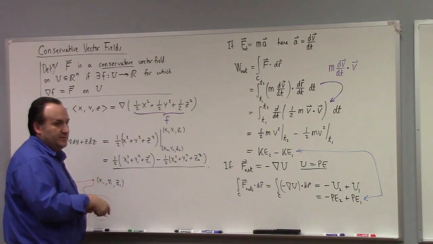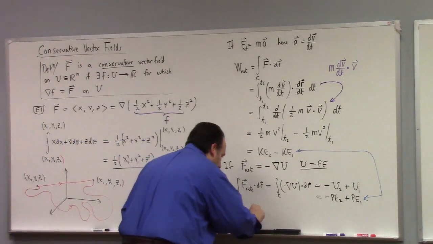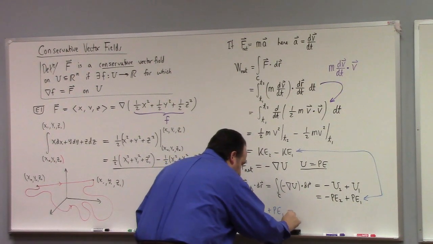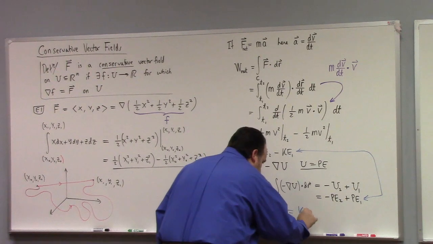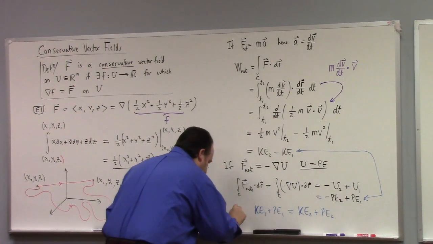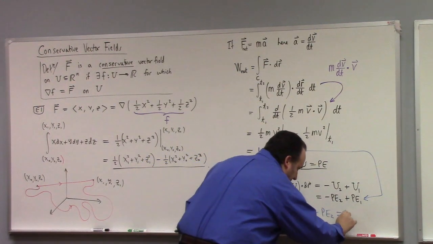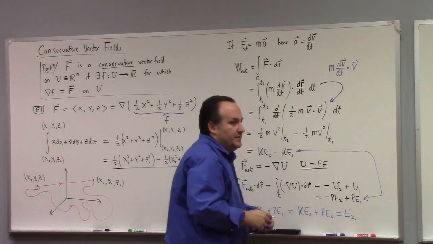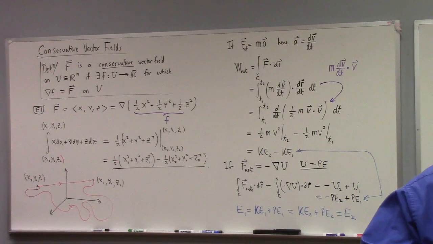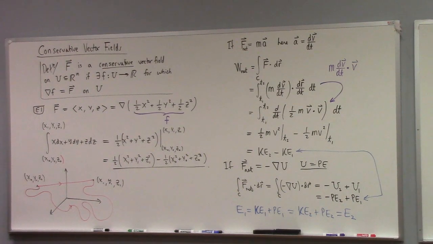So those are equal, which tells you what? It tells you kinetic energy 1 plus potential energy 1 is equal to kinetic energy 2 plus potential energy 2, which is to say that the energy at time 1 is equal to the energy at time 2, where we define the total mechanical energy to be the sum of the potential and the kinetic energy.